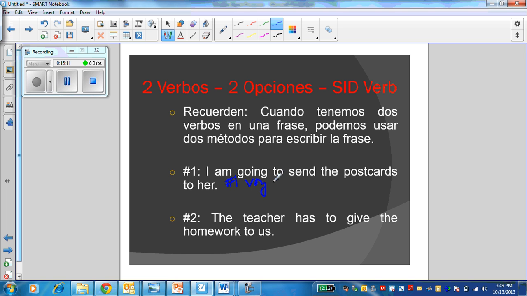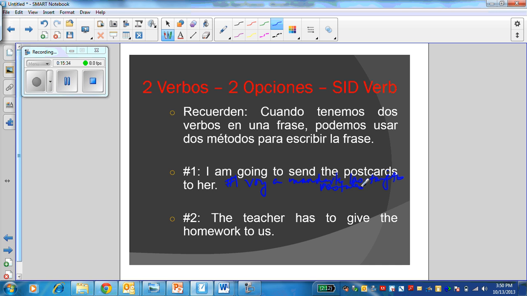Voy a send her the postcards. Mandarle las tarjetas postales. We just replaced the indirect object pronoun.